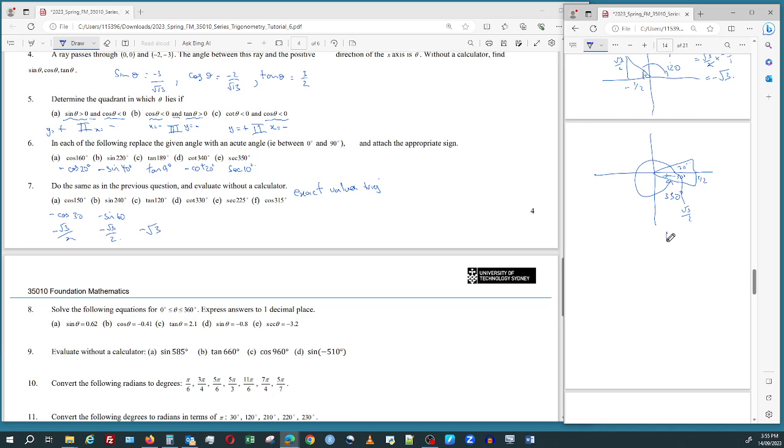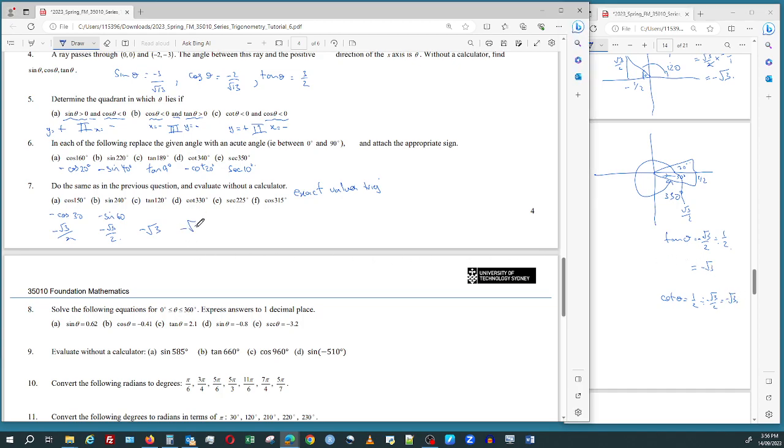So root 3 over 2 divided by 1 over 2, and we'll flip them and we'll get root 3 on 2. But because the negative is there, minus root 3 on 2. It doesn't matter that it's the reciprocal of tan, because it can still be cot, which is a half divided by minus root 3 on 2. You're still going to get the same answer. I'll let you work that. So minus root 3 again.